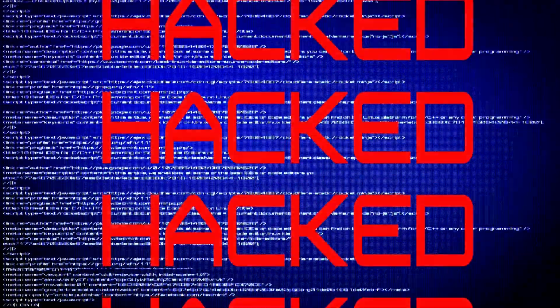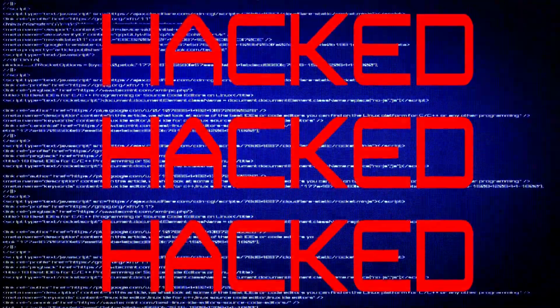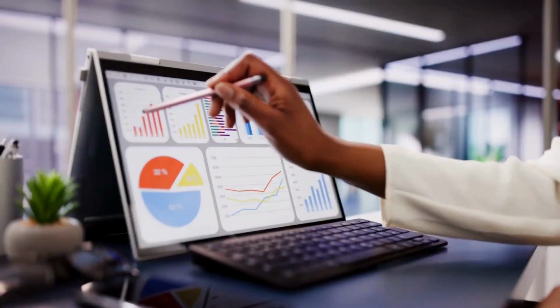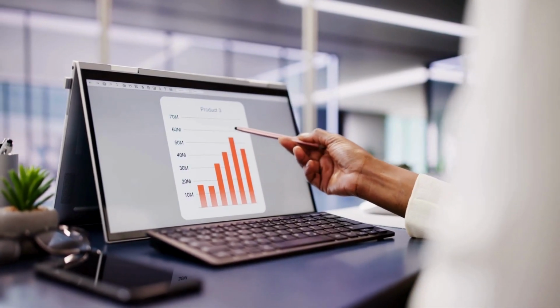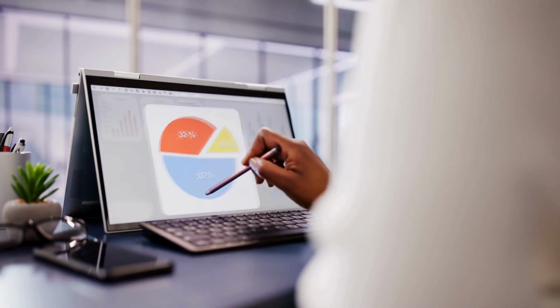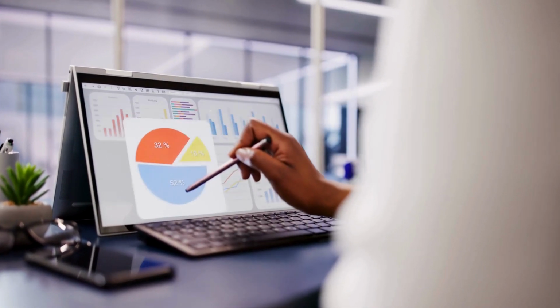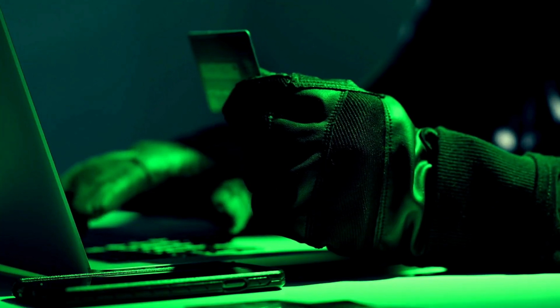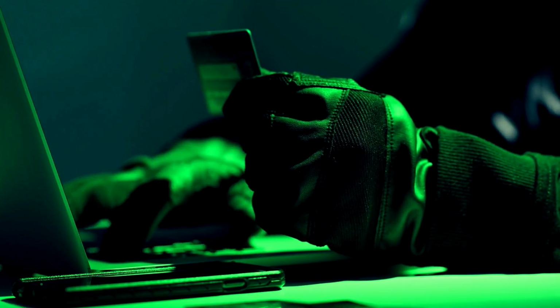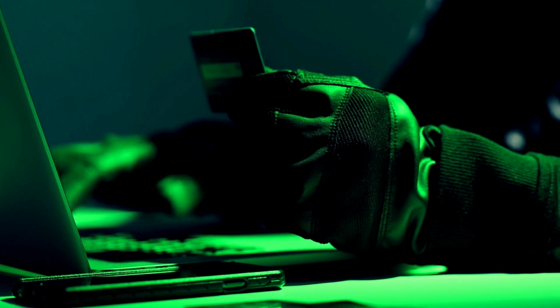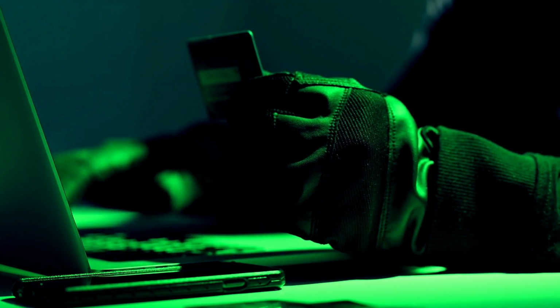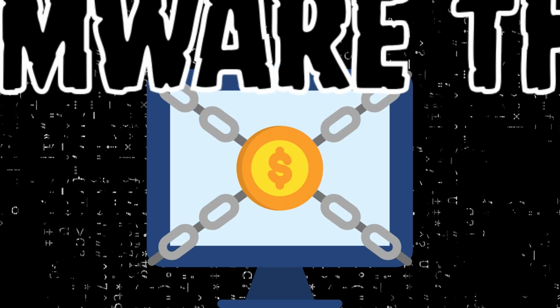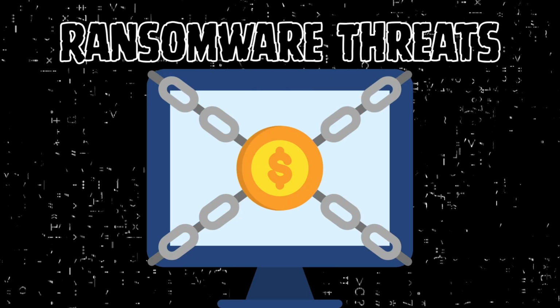Data breaches are another common risk, where your organization is exposing sensitive donor or beneficiary data that can lead to identity theft and loss of trust. And ransomware threats.